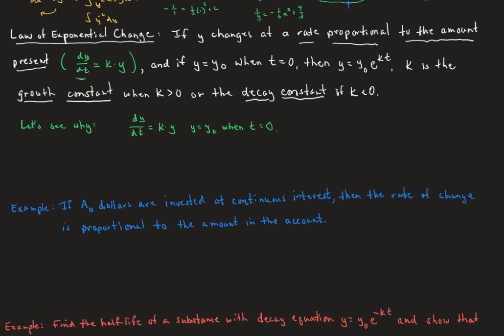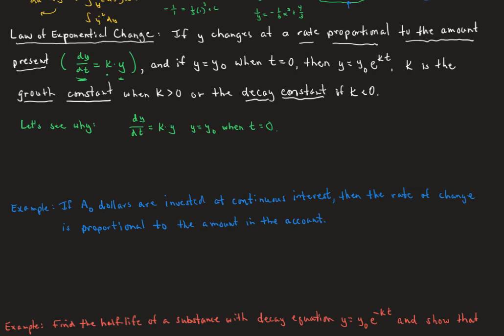A rate means we have a derivative of our population, and that's going to be proportional to, that means some constant k times the amount present, which is that population, which in this case we're calling y. So that sentence translates into the differential equation dy/dt is equal to k times y.